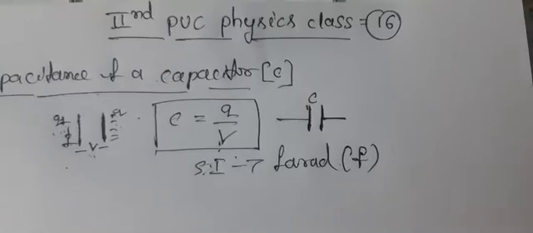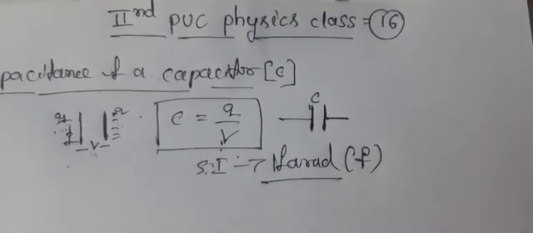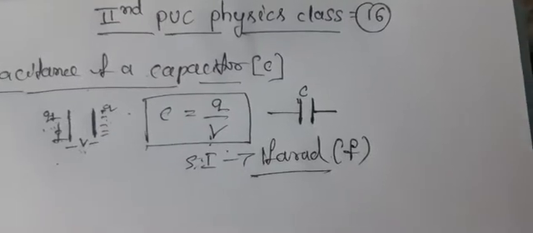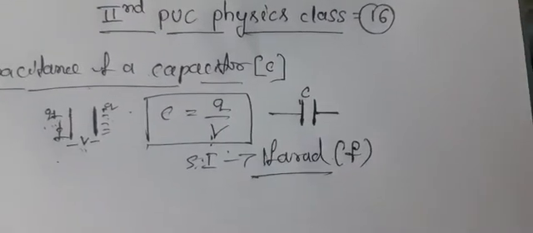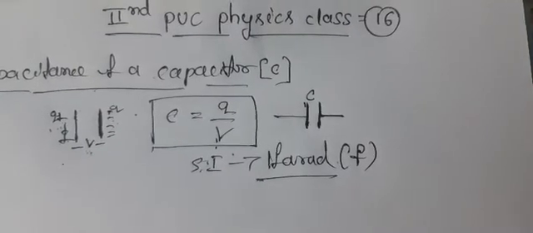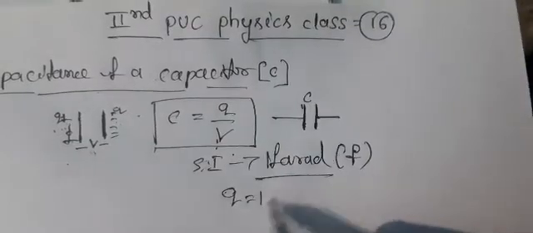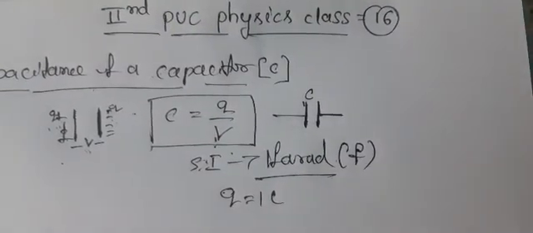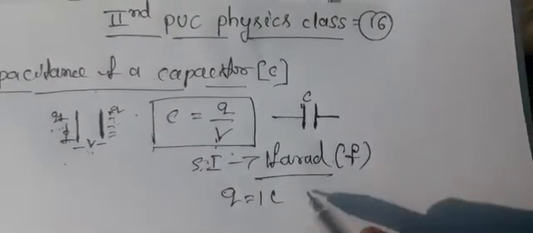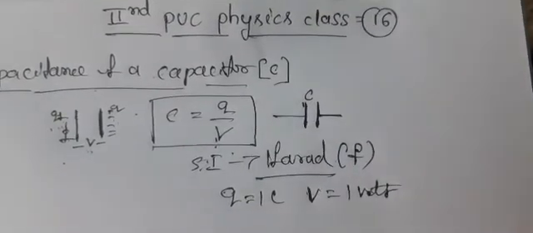What is the meaning of farad? The capacitance of a capacitor is said to be 1 farad when the charge on the capacitor is 1 coulomb and the potential difference between the plates is 1 volt.